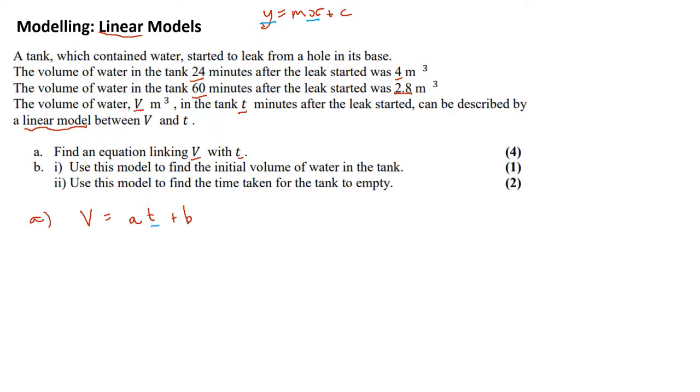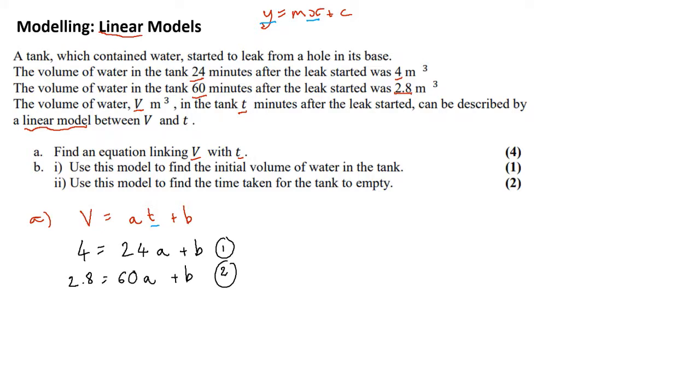So now we've got enough information to start finding the values of a and b, because we are told the volume of the water in the tank was 4 meters cubed at 24 minutes. So the volume is 4, the time is 24, so 4 equals 24a plus b. That's equation 1. Equation 2 would be 2.8, the volume, equals 60, the time, a plus b.